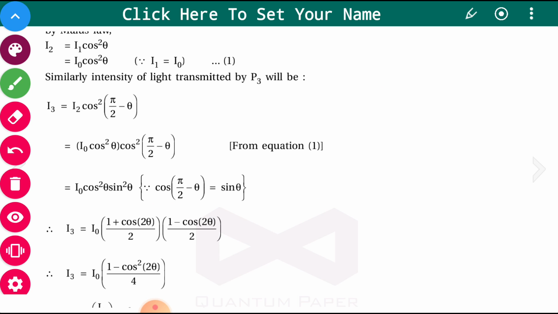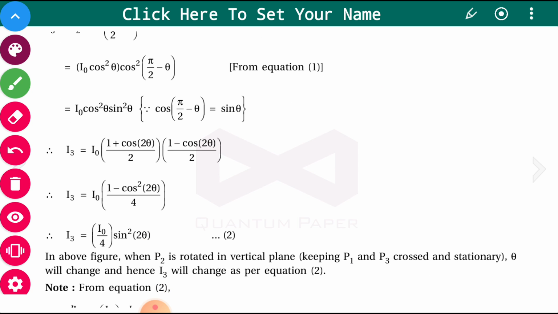This can be simplified easily now. It is 1 plus cos 2 theta times 1 minus cos 2 theta, so it becomes 1 minus cos square 2 theta upon 2 into 2, which is 4. And this becomes sin square 2 theta, and the coefficient is I0 upon 4.